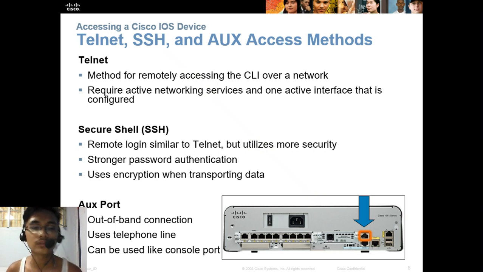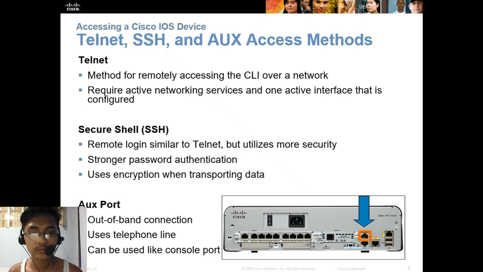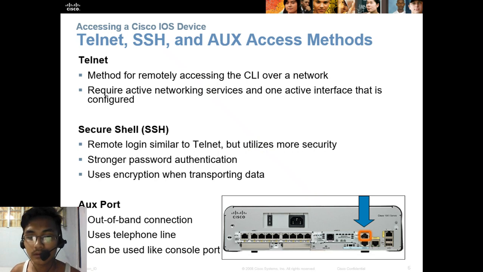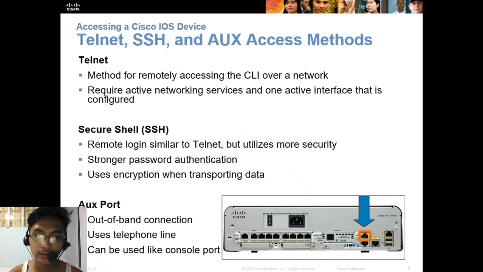It has stronger password authentication, which means it is more secure from attackers, and it encrypts the data before transporting it to other devices. The auxiliary port uses a telephone line as an out-of-band connection. So even if you're not at the physical location of the device, you can still configure it using a telephone line or the console port.